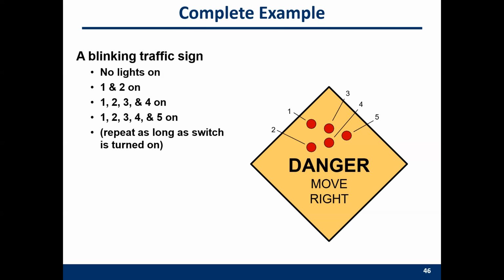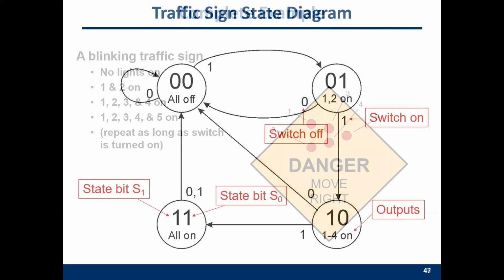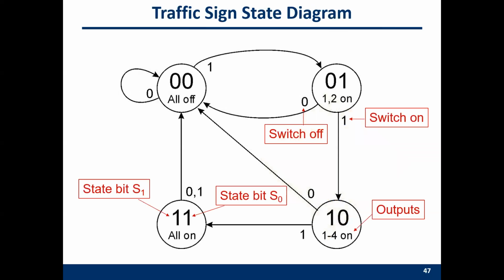So in the first cycle, nothing is on. Then lights 1 and 2 are on, then these 2 are on, and these 4 are on, and then everything is on. Then it returns to no lights on. So this is the finite state machine to control that.